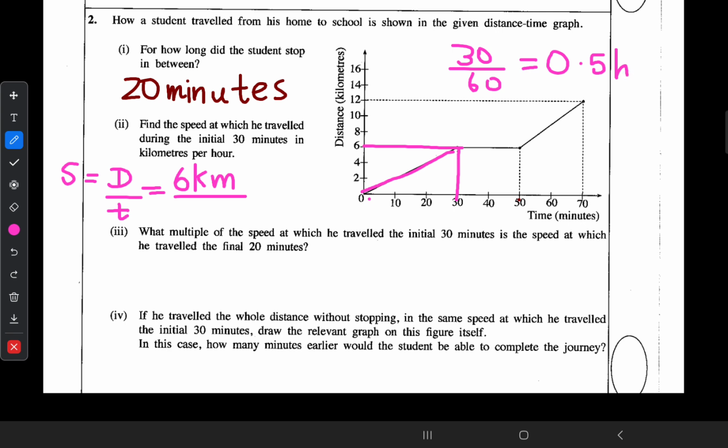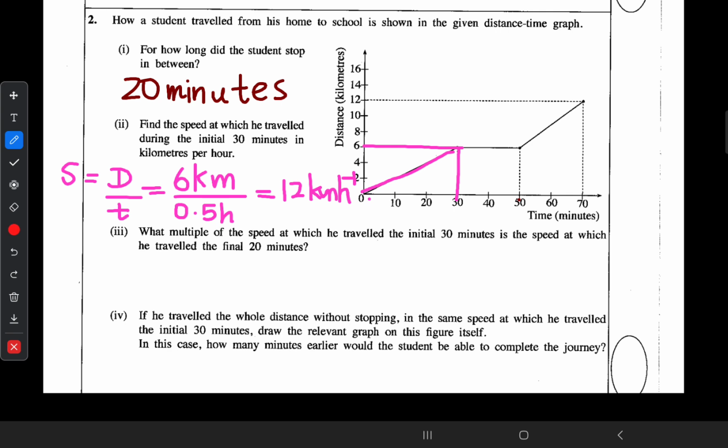So 6 divided by 0.5 will give you 12 kilometers per hour. That's the speed in the initial 30 minutes.